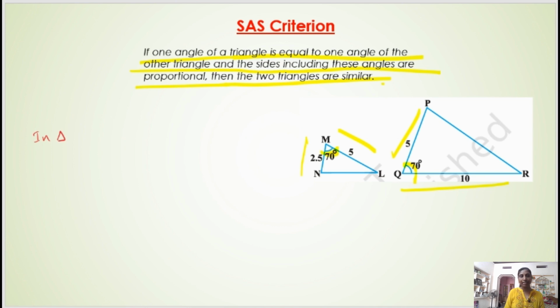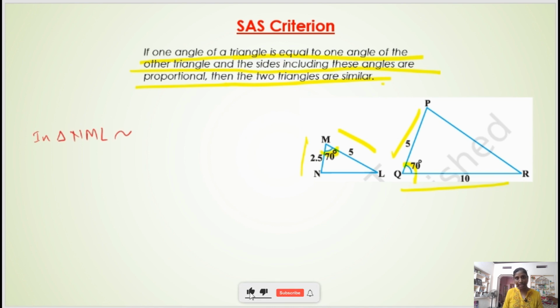Here we can write triangle NML. Suppose I write NML, then we have to follow the same order in the other triangle.